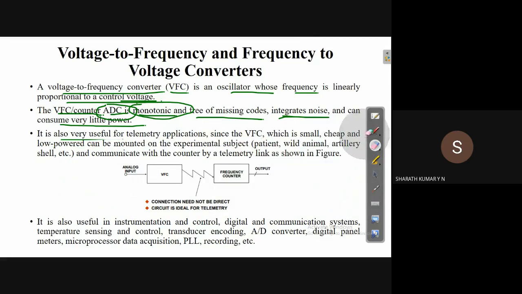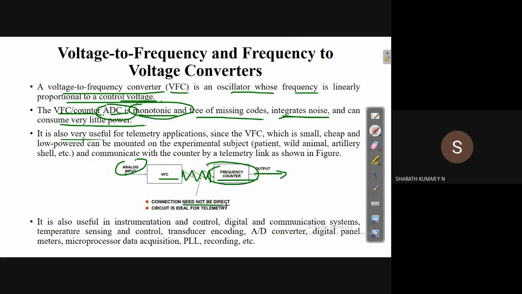So we have an analog input to the voltage to frequency converter, and it generates a signal with a particular frequency, and we use what is known as a frequency counter. Okay, guys, using this frequency counter, we are going to measure the frequency.